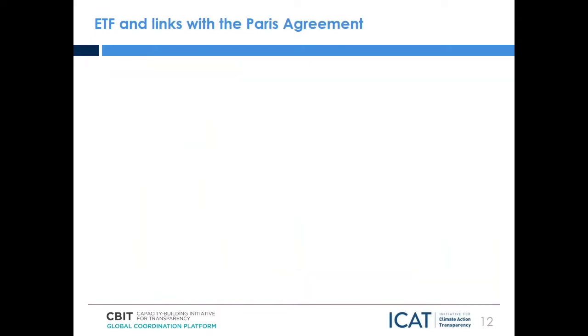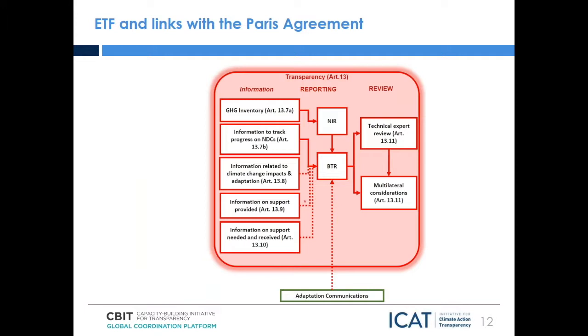Then, if we take this figure, which is what we have just seen, as a starting point, and we take a step back, we can look at how the ETF and this information provided in the BTR link to the broader picture of the Paris Agreement. So we have already seen the central element of the figure. It's basically saying what information is to be reported, where it goes, and how the review process works.